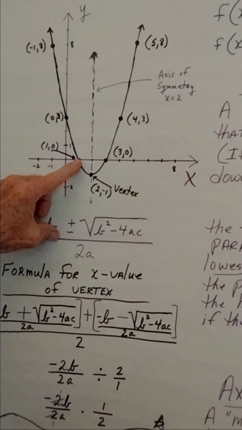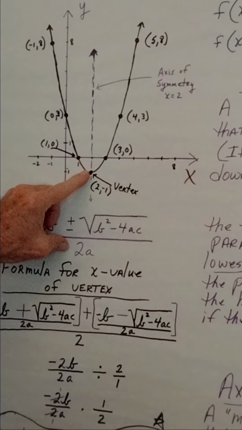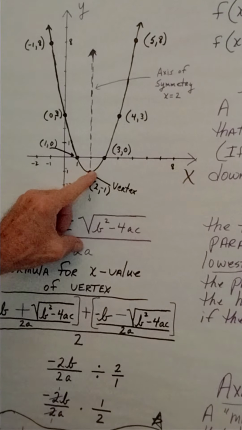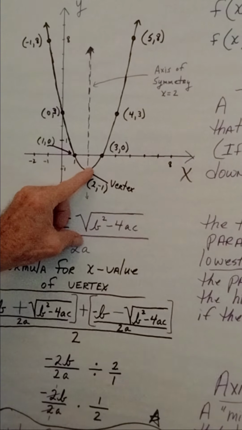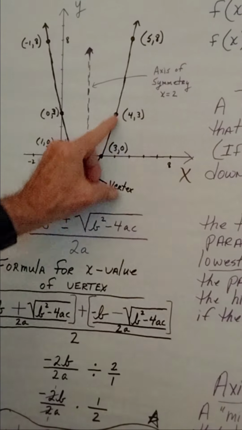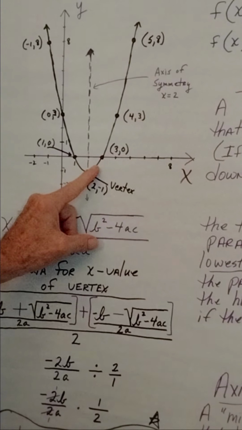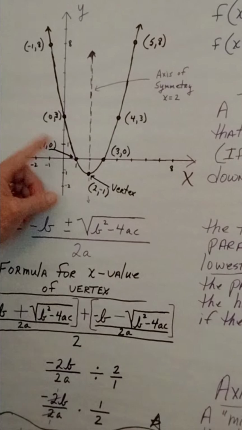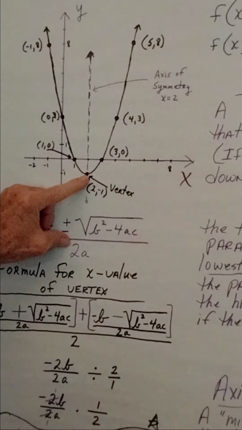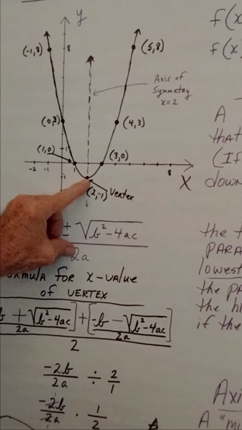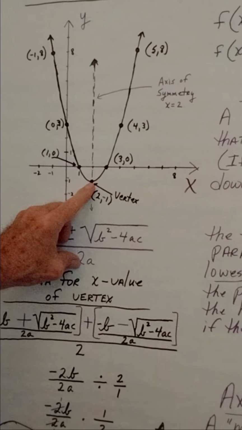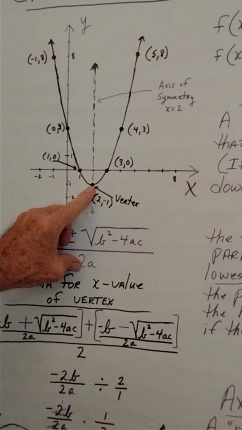It's the point at which the graph makes a turn. It's turning upward, moving on this right-hand side. It's turning upward, moving on this left-hand side. This point right down here at the very bottom of the graph is called the vertex.